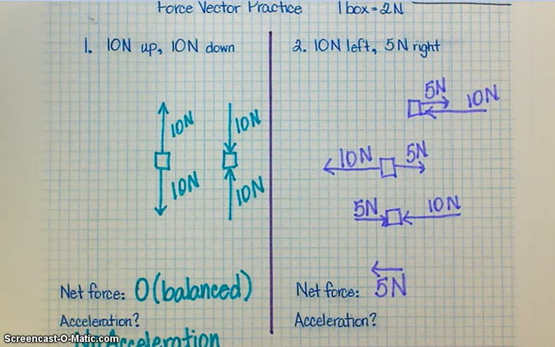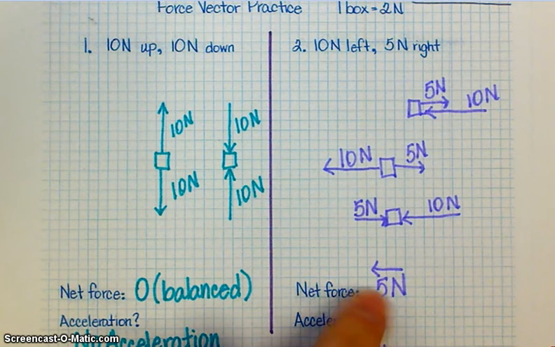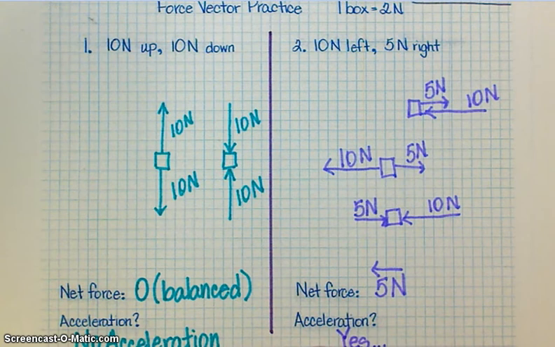All right. So in this situation, I do have acceleration, so I'm going to say yes. The reason I have acceleration is because I have a net force that is something other than 0. So I have a net force of 5 newtons. So yes, this object is going to accelerate, and it's going to accelerate to the left because acceleration is always in the same direction as the net force.